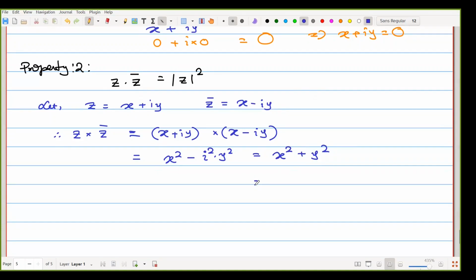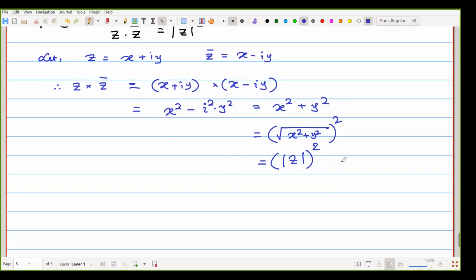Now that x square plus y square can be written as square root of x square plus y square, its square. Now, what is the meaning of that square root of x square plus y square? That also gives us the modulus of z. So simply we can write that as modulus of z its square.